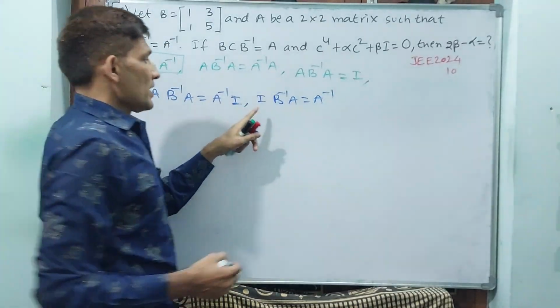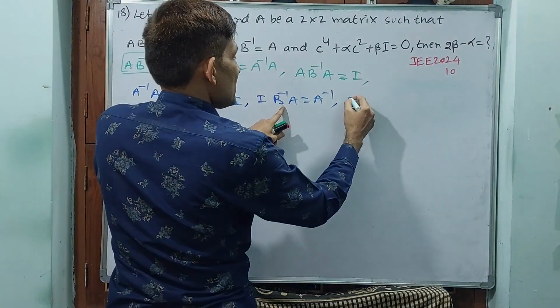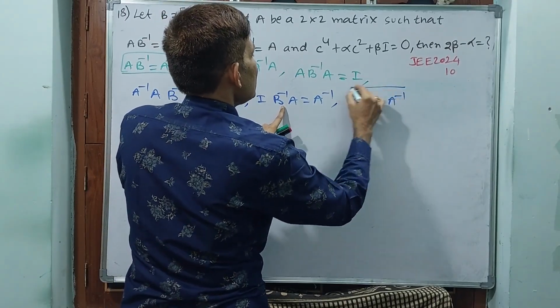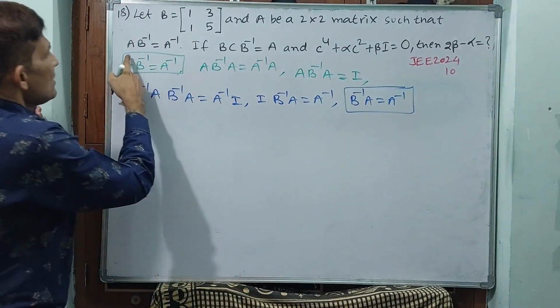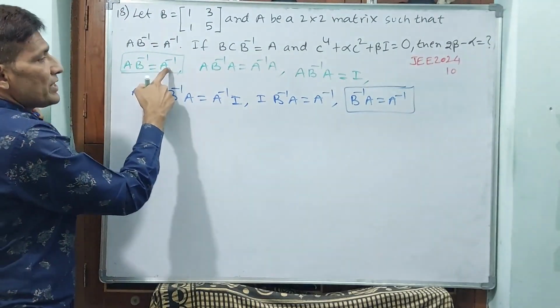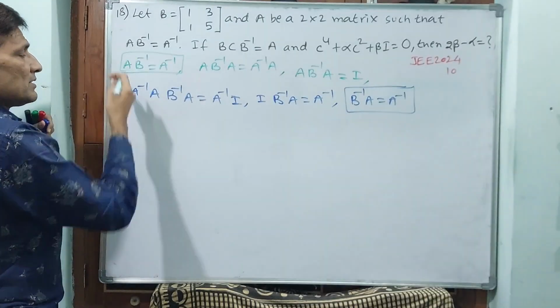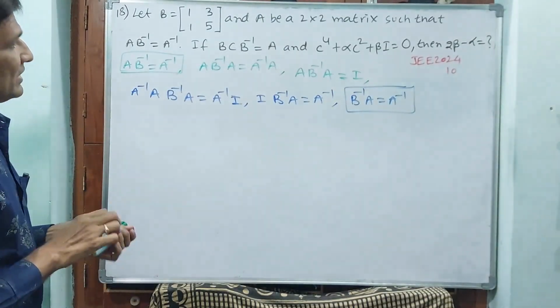This result is very important for us. Earlier A B inverse is equal to A inverse, now B inverse A is also A inverse only. That means even if you reverse it, the same result is going to come.